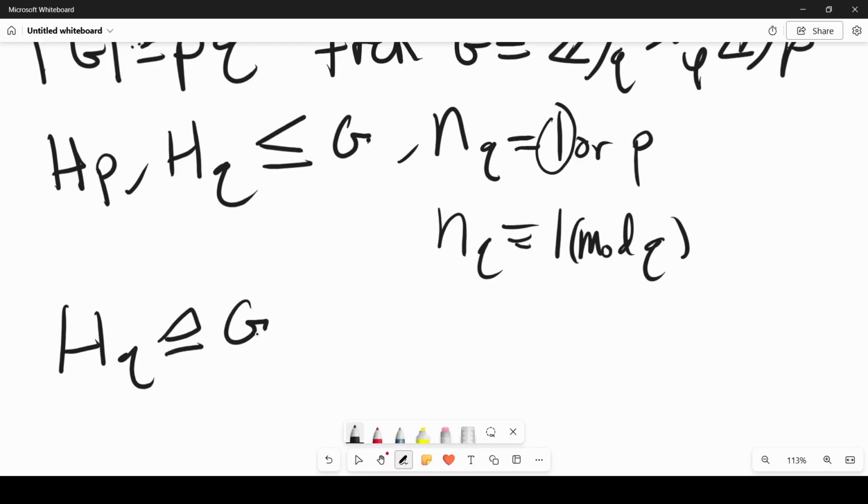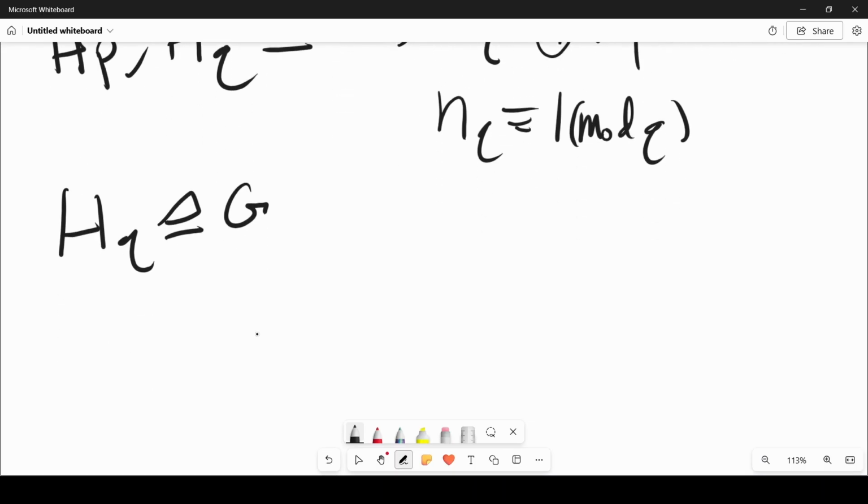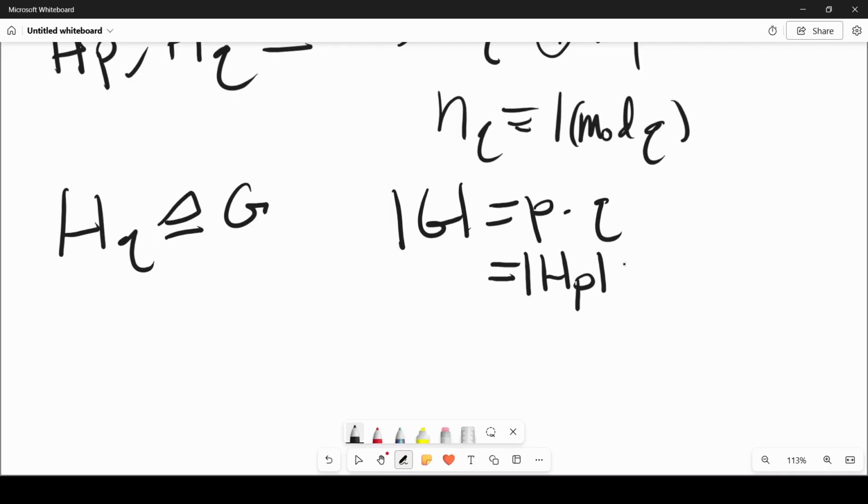Okay, great. So this is exactly the setup for semi-direct products. The only thing we need is that the orders have to multiply to the order of the whole group. And luckily, we know that the order of G is P times Q, which is exactly the order of HP times the order of HQ. Okay, great.